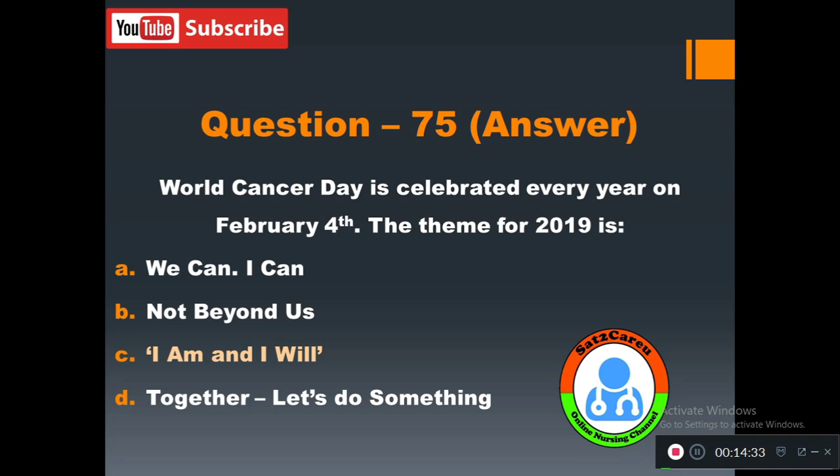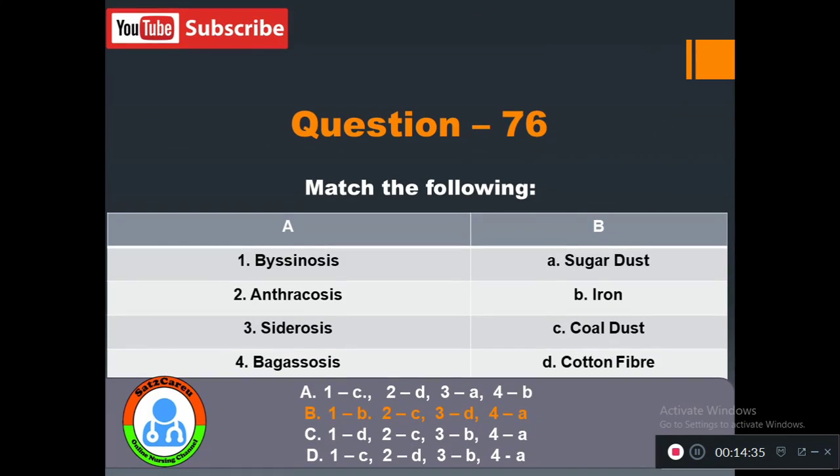Question number 76. You have to match the following. The answer is given directly. You can see option A byssinosis, B anthracosis, C siderosis, and D bagassosis. Here the causes are given: sugar dust, coal dust, iron and cotton fiber. You have to match the following.